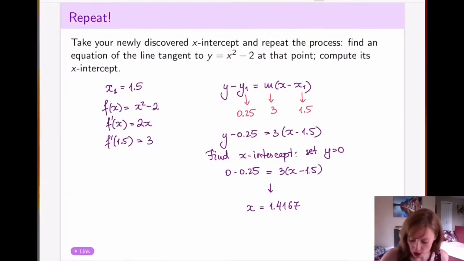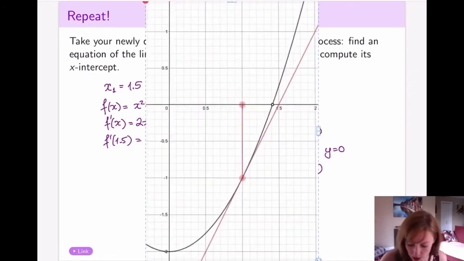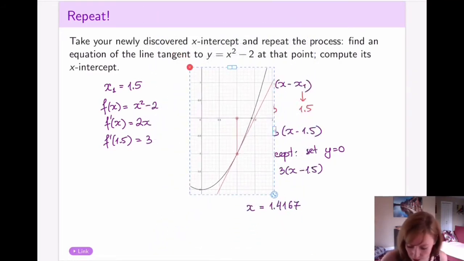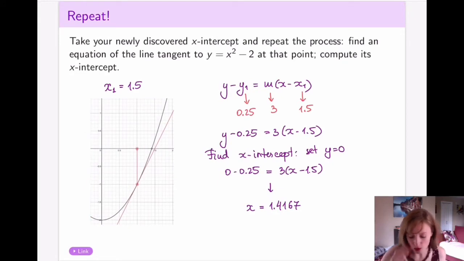So just to be sure that we understand what's happening here graphically, let me put this graph in here. Okay, so this is my approximation. And now I just want to, again, remind ourselves that this one was our initial approximation, x naught.